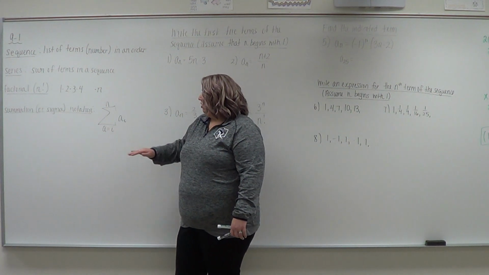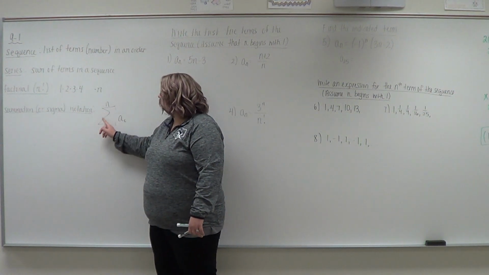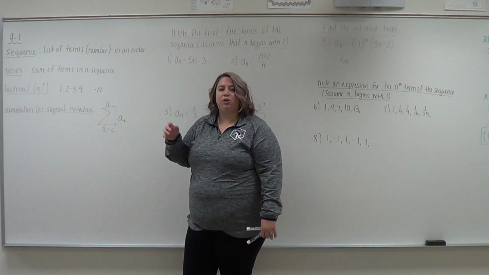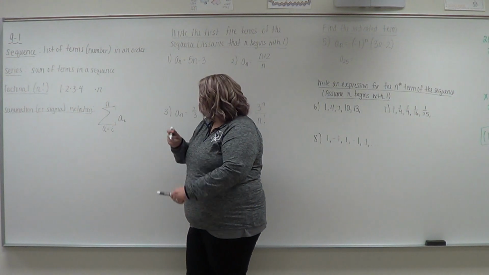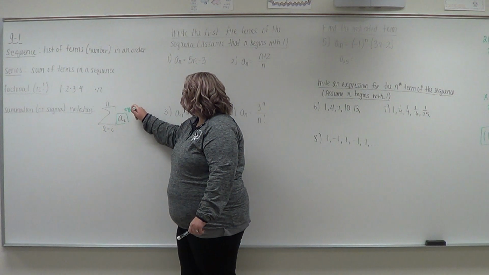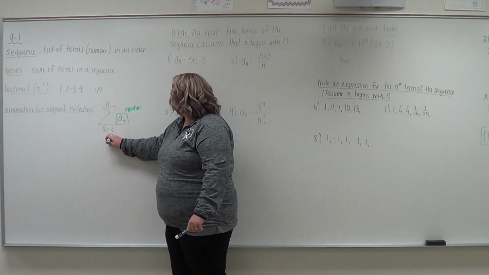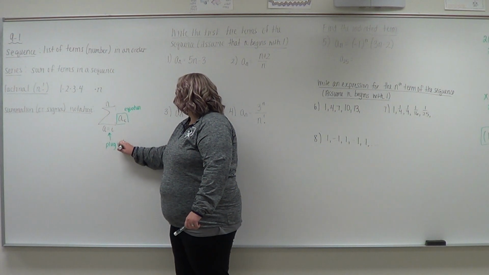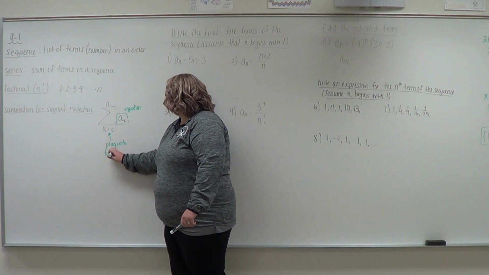And then we're going to talk about summation notation, or sigma. This is the Greek letter sigma. It stands for sum, so you're going to be adding things together. This part right here is like your equation. The number down here is what you plug in to find your first term.